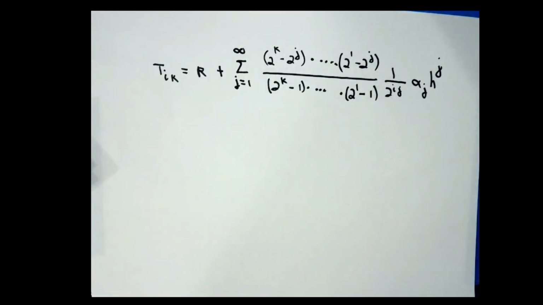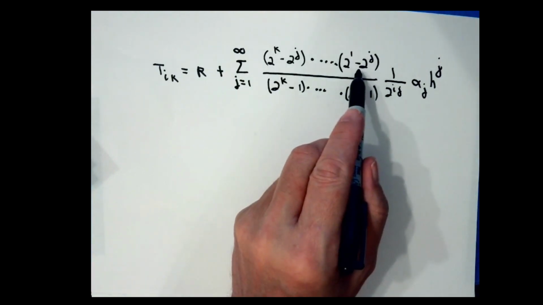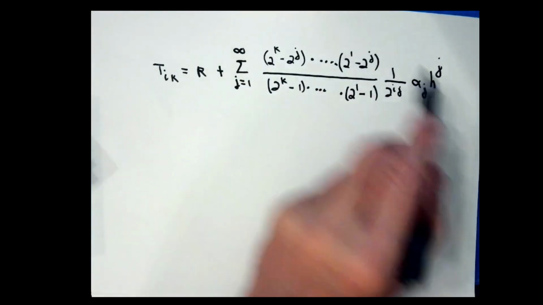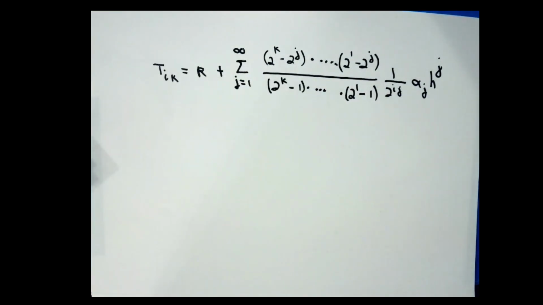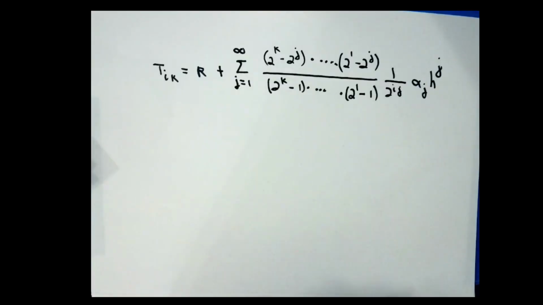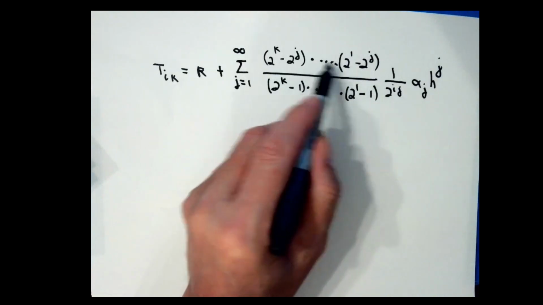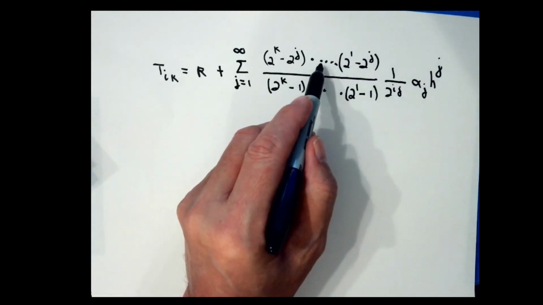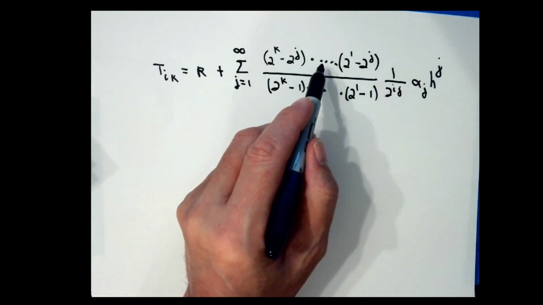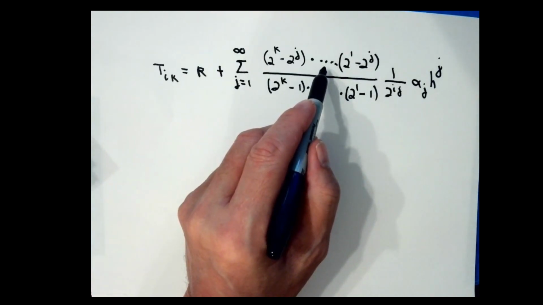In this sum, j takes on various values. If j is 1, then that factor is 0, and the coefficient of the h to the 1 term is 0. If k is 2, the next factor over will be 2 squared minus 2 to the j. 2 squared minus 2 squared.